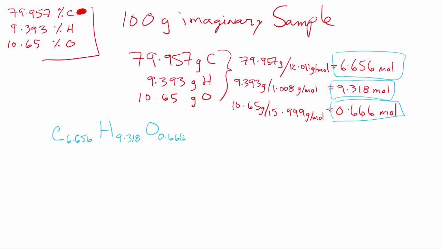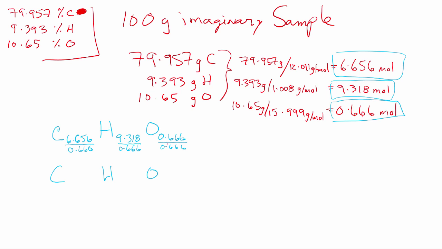Now you know that by convention we don't put any decimal places or fractions inside these subscript numbers inside formulas. So one way to get rid of these fractions is to start by dividing by the smallest one. So let's divide each of them by the same number. Let's divide them all by 0.666. Okay, watch why this is useful.